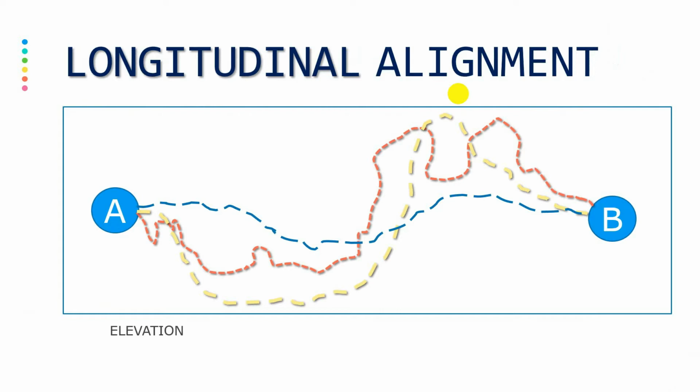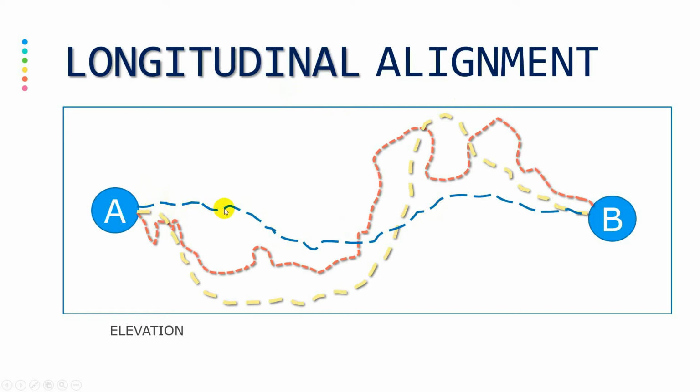Before was the horizontal alignment to design left and right turns, and this is the longitudinal alignment, or we can say profile. This is from the original ground level.